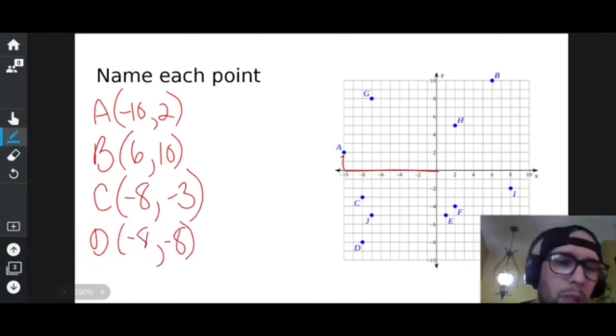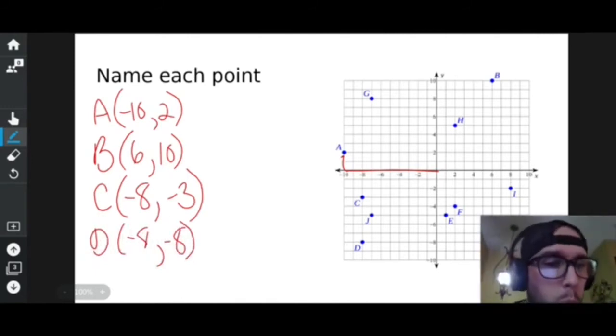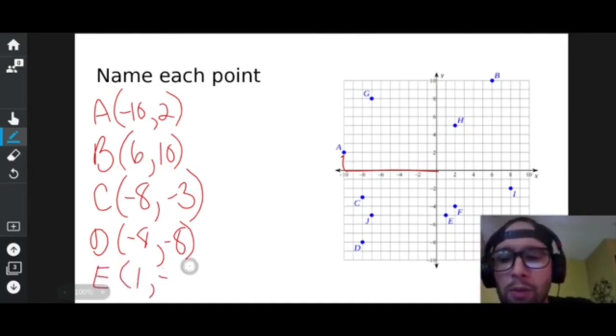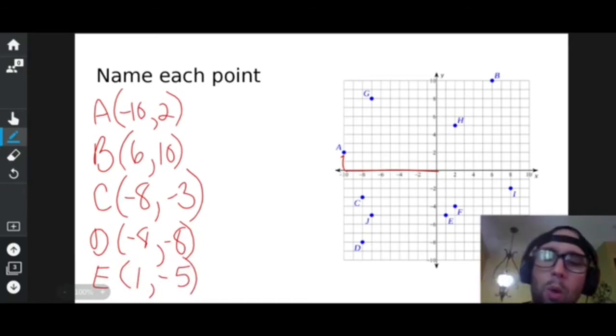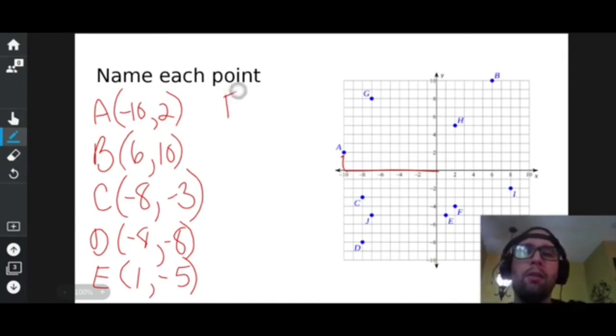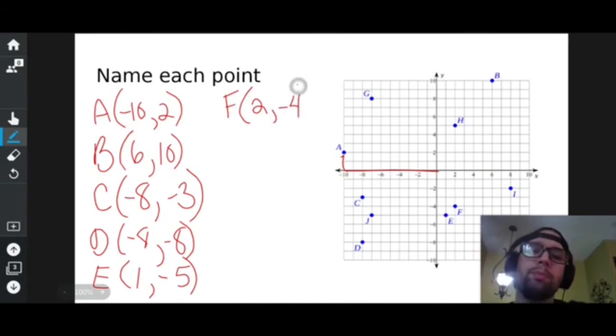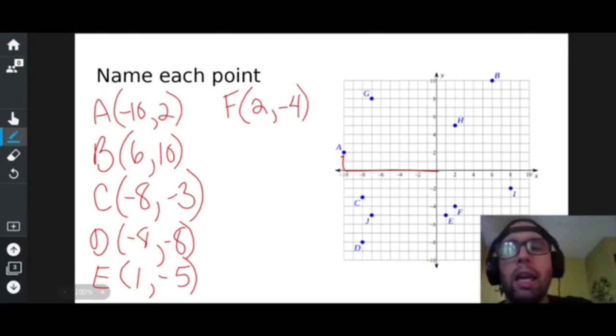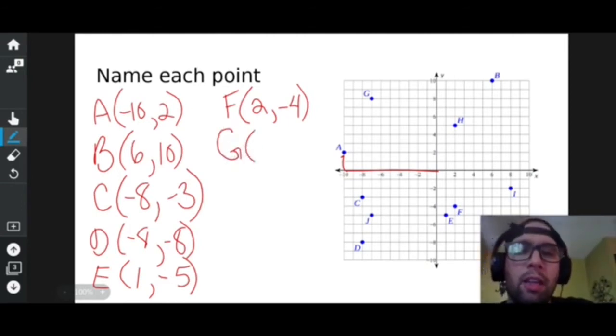E is right 1, down 5. So E is 1, negative 5. F is right 2, down 4. G is left 7, up 8. So if G is left 7, that's negative 7.